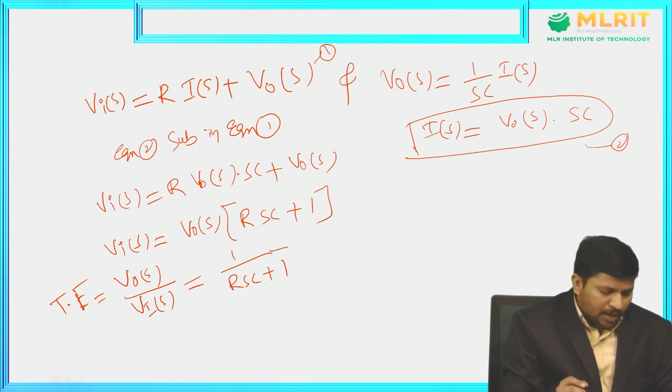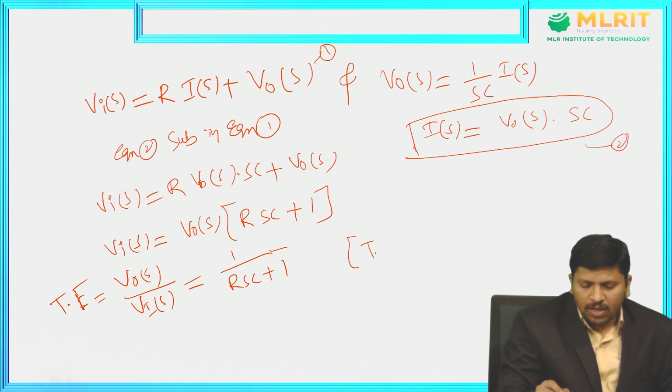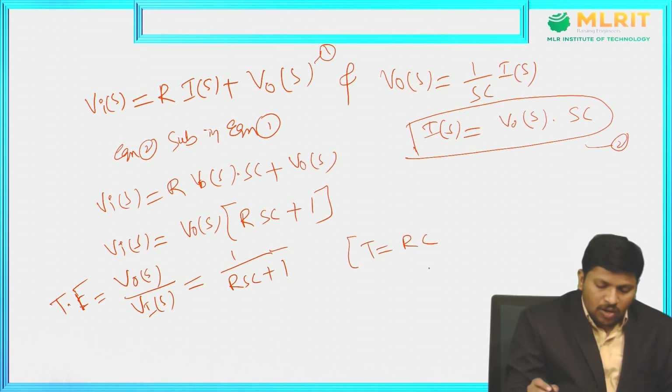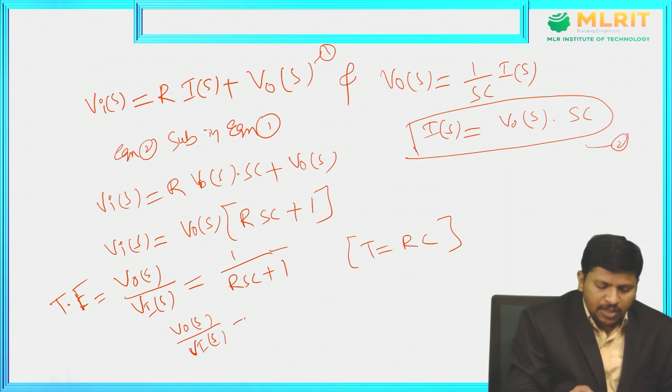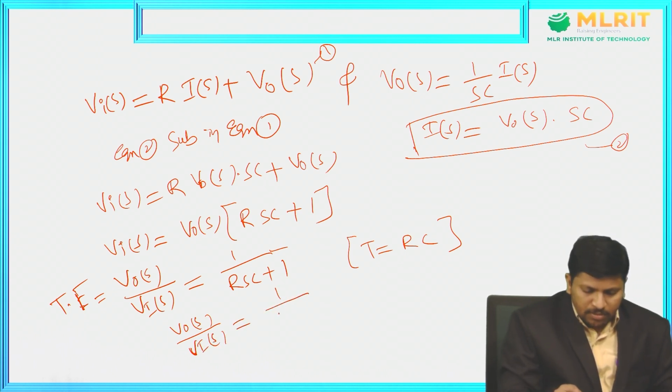For example, I consider T equals RC. Substituting this value into the equation, the transfer function V output of s by V input of s equals 1 by sT plus 1.